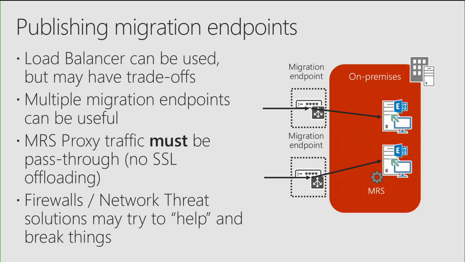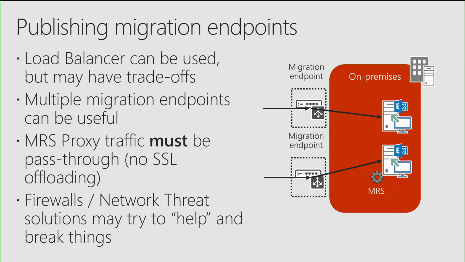So as I mentioned previously, the MRS proxy traffic in particular, and this is generally going to be a recommendation for all of our traffic, has to be passed through. You cannot offload SSL. So if you do terminate SSL at the edge on a load balancer or a proxy device, you need to reestablish SSL between whatever that device is and the Exchange role that's going to be targeted by that traffic.